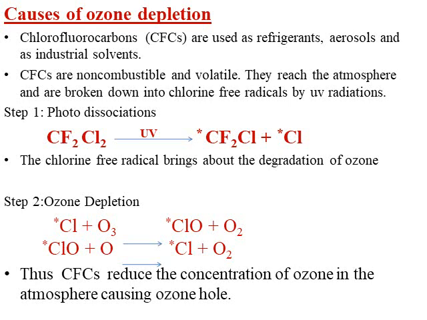So this nascent oxygen will react with ClO, and it releases the chlorine free radical and forms oxygen. So a cycle is established. Free chlorine is liberated again. This free chlorine again catalyzes the splitting of O3 into ClO free radical and releases oxygen.